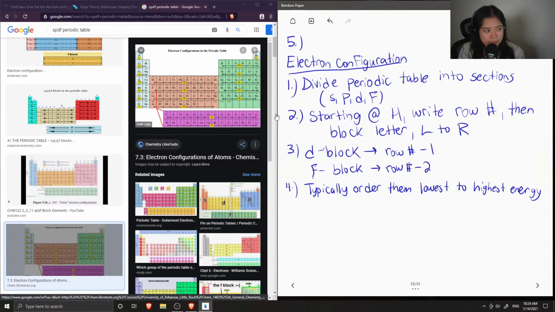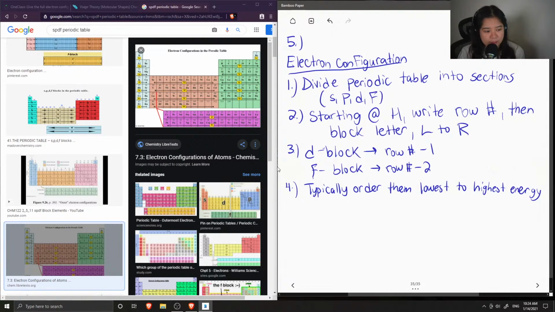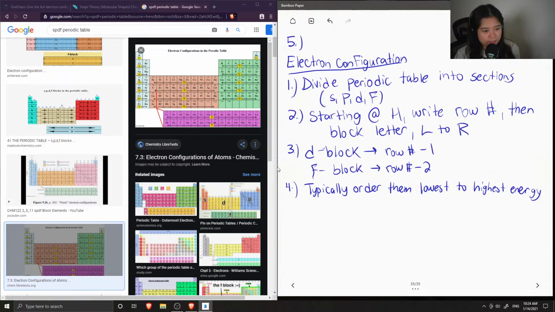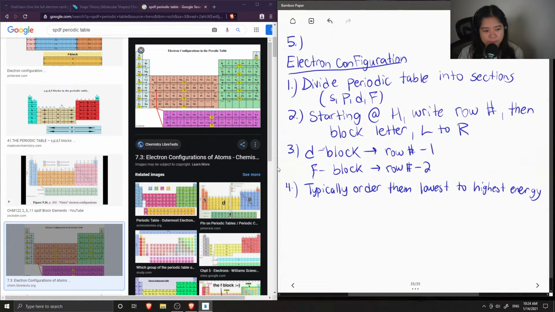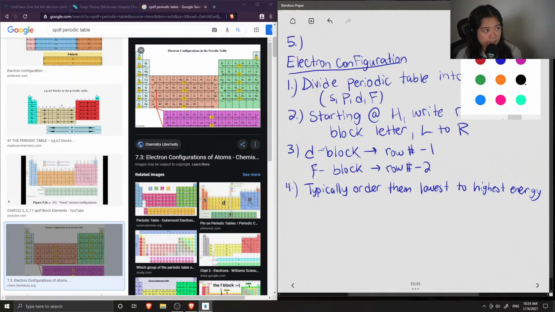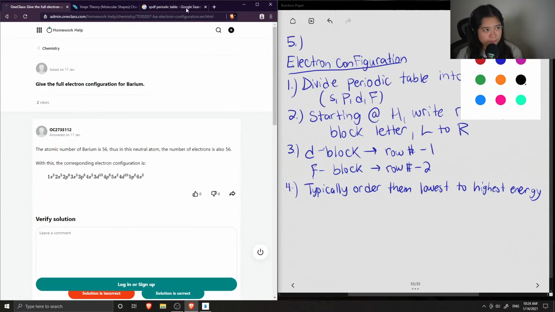If we were to go 4s and then 3d, sometimes it makes more sense to write your 3d electrons before your 4s2 electrons, because realistically, half-filled d orbitals are more stable than a filled s orbital. So let me write out our example, which I believe was barium.